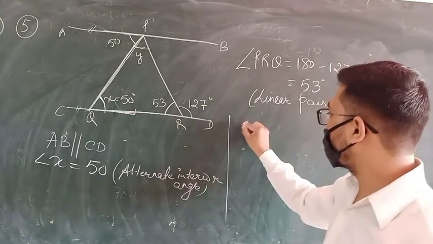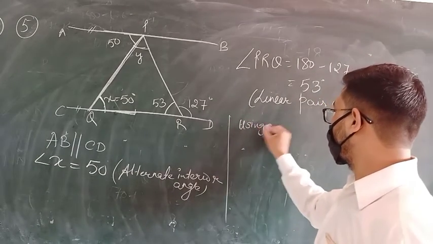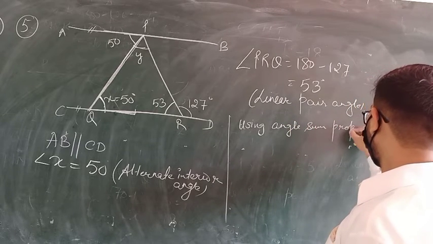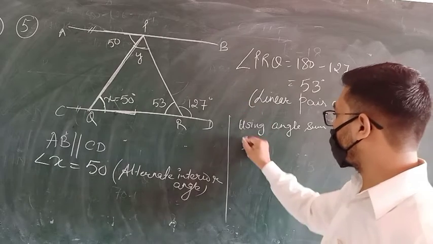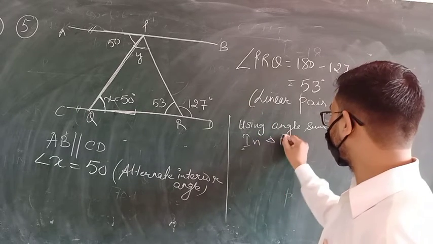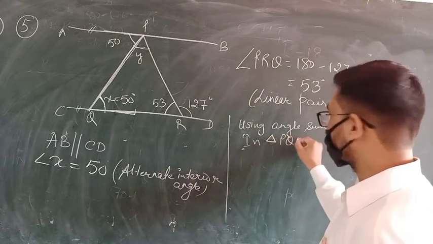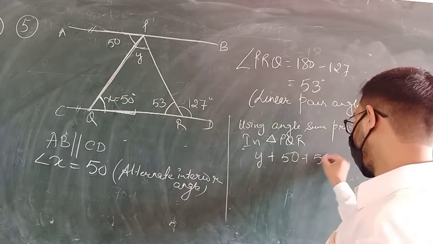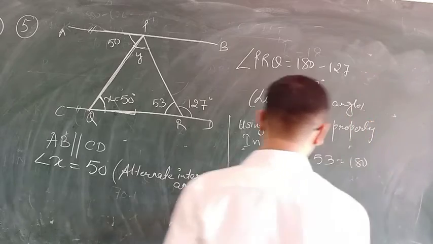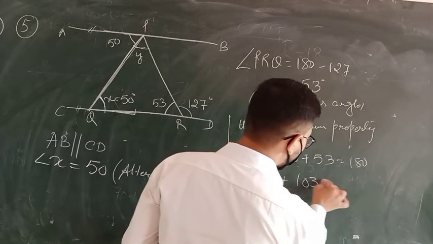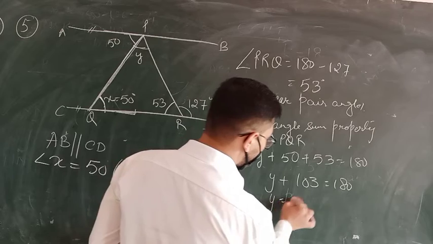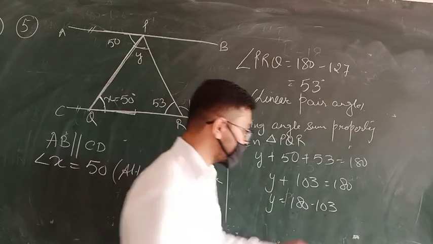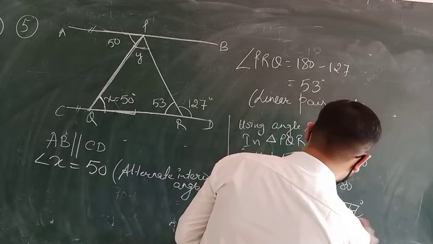Okay, so using angle sum property in triangle PQR, you can write Y plus 50 plus 53 is equal to 180, or Y plus 103 is equal to 180, or Y is equal to 180 minus 103, which is 77 degrees.